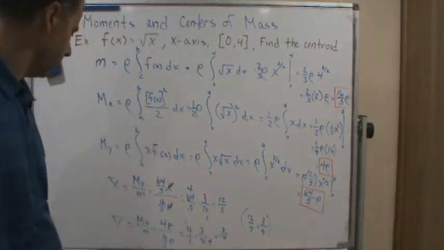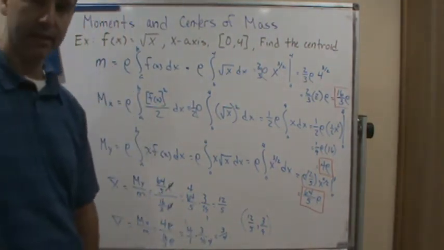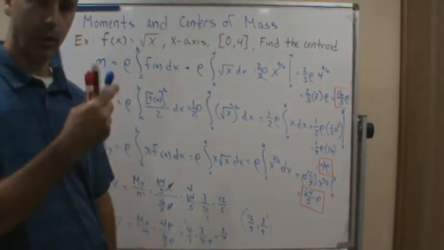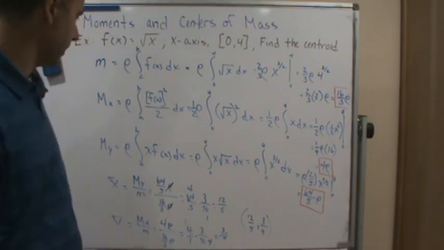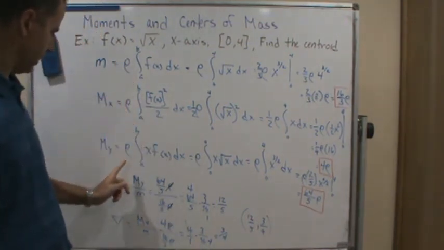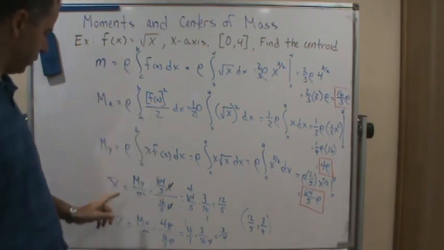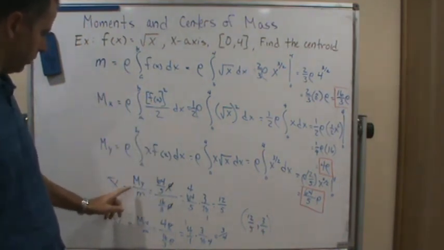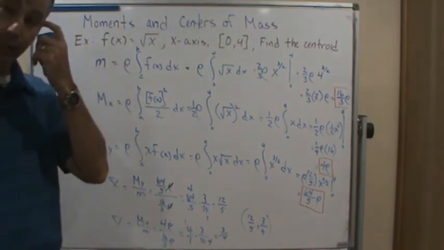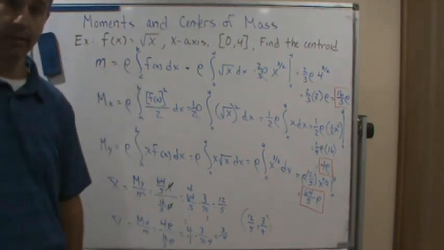Okay? And when you're dealing with constant density, this will always happen. The density will always cancel out, because as you can see, the density is constant, gets pulled out of each piece, and then you're dividing two pieces, and so the rhos are always going to cancel out when you're dealing with constant density.